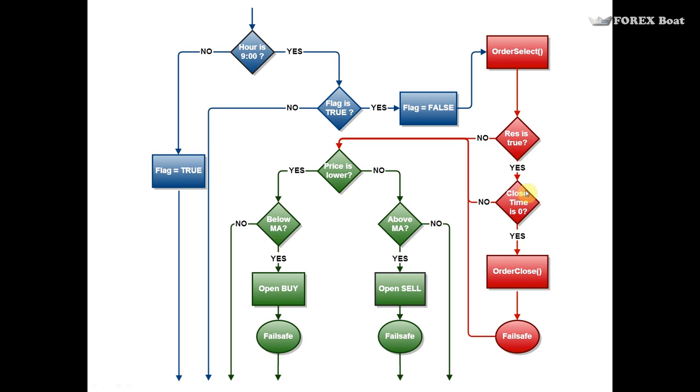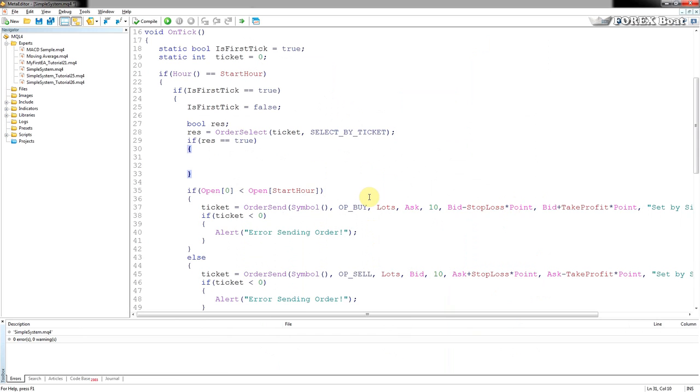So we're going to go back to the code, and here we're going to implement another check. We've already selected the order, and now we're going to check if the order close time is equal to 0.